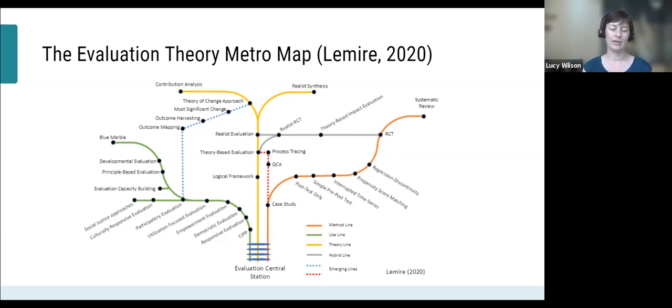Over on the orange line are research methodologies, including RCTs. And many of the complexity-aware monitoring approaches are on the other side, on the dotted blue line between the green and yellow lines. So they fall somewhere in between what the author of this describes as use and theory. His lines are different from my lines, but I hope the idea gets across. Next.